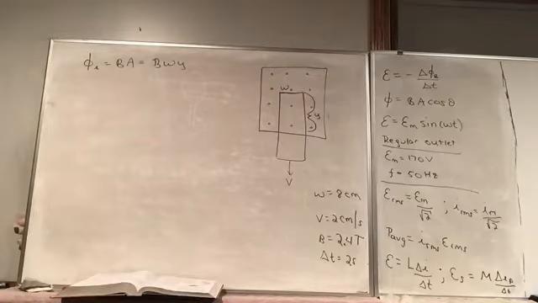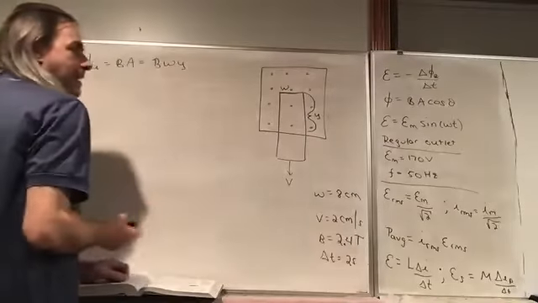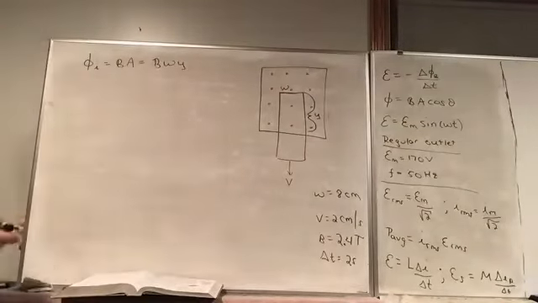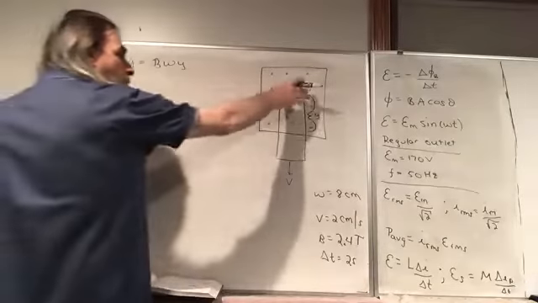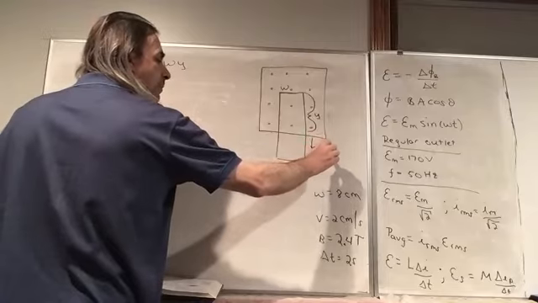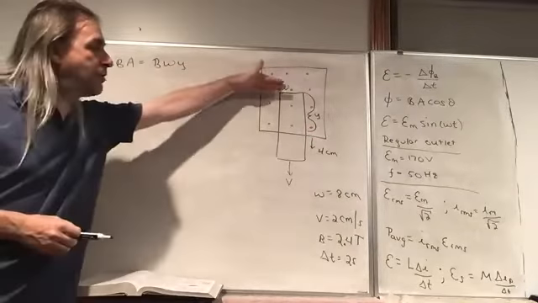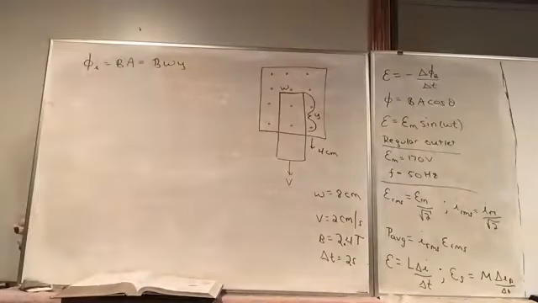Now, 2 seconds later, it's moving 2 centimeters per second. So 2 seconds later, the whole thing moves down 4 centimeters. So basically Y is going to be reduced by 4 centimeters.